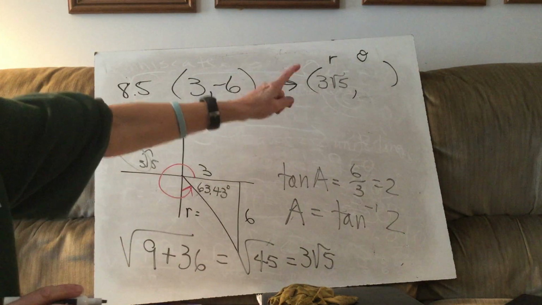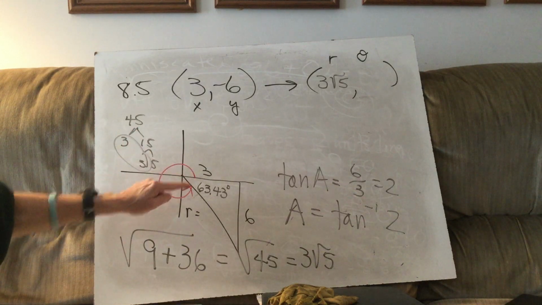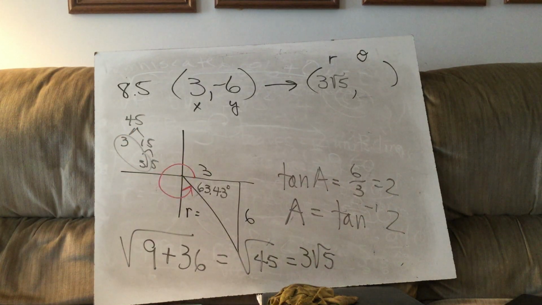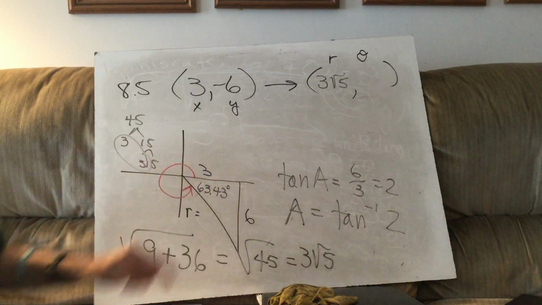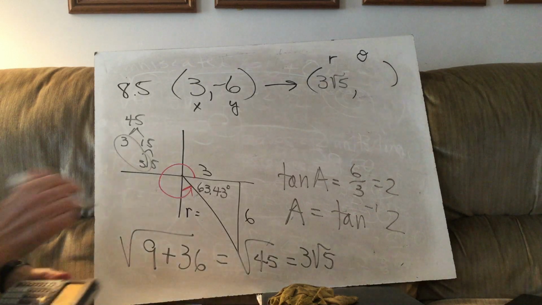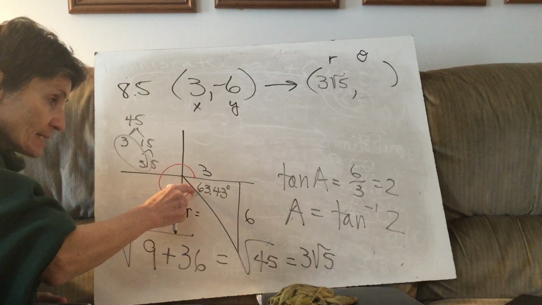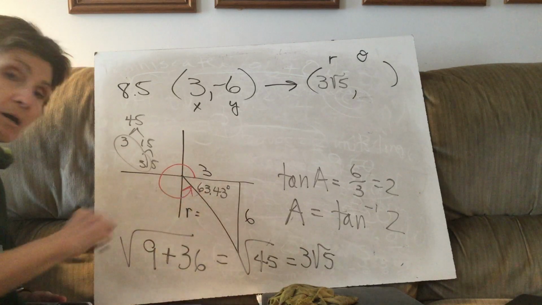Now that is not theta. Theta is the red angle, the big red angle. So how am I going to figure out the big red angle? All the way around is 360. I didn't make it all the way around. I stopped with 63 to go.